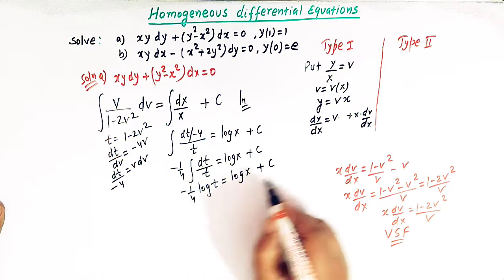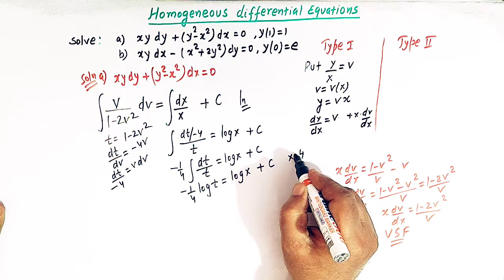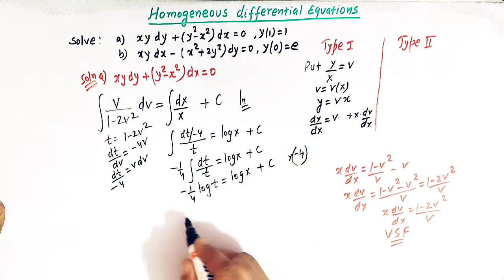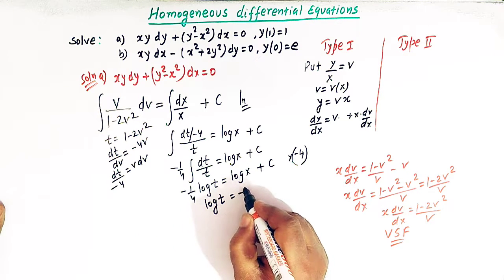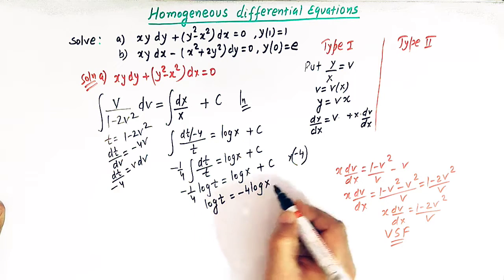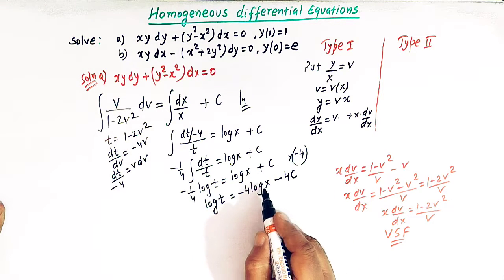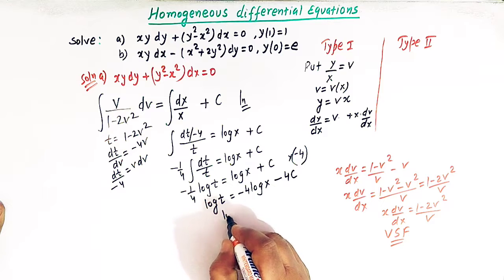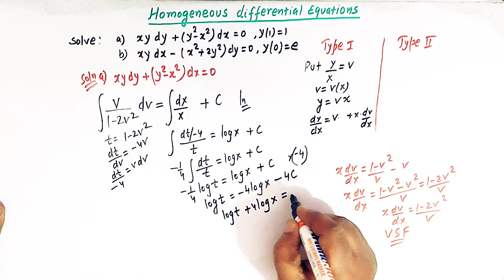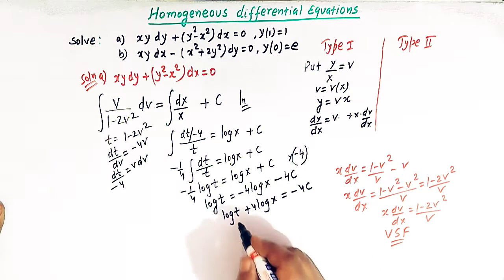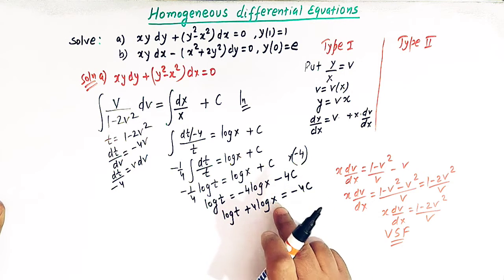So now what we will do, let us multiply this equation throughout by minus 4, right? So what we will get here, here we are simply left with log of t. Here we have minus 4 log of x, and here we have minus 4 times c, right? So now taking this term to this side, we have log of t plus 4 log of x, and here we have minus 4 times c. So we can take this 4 to the power of x by using the properties of log.